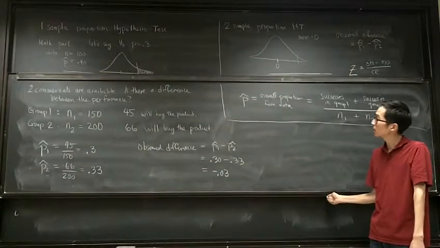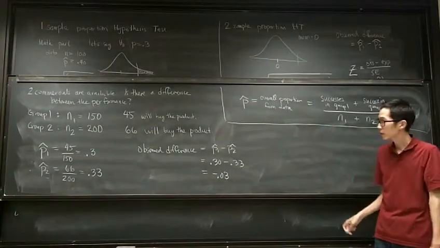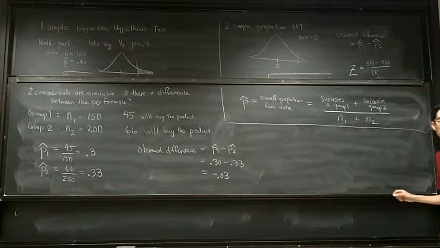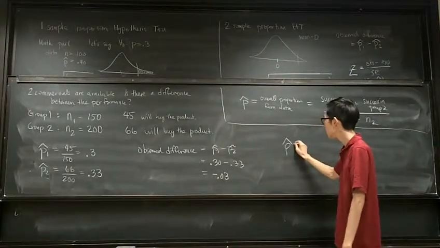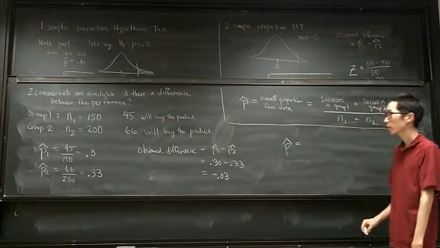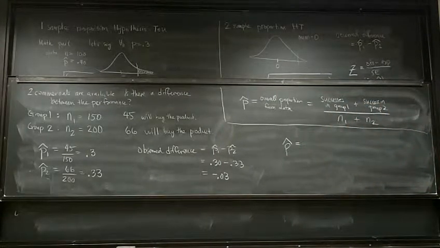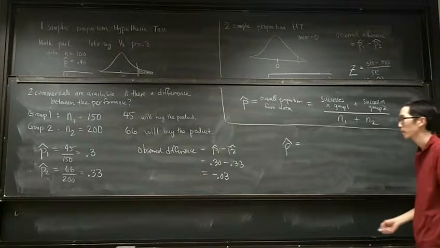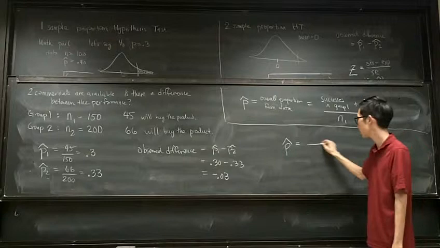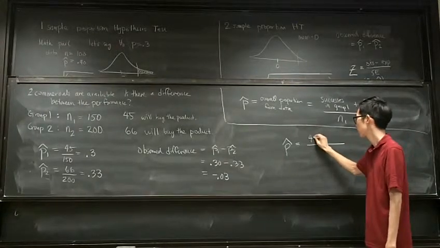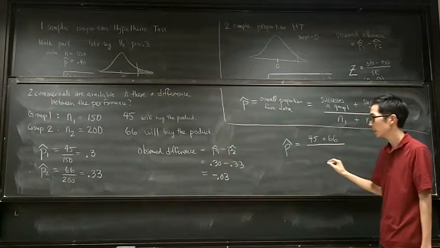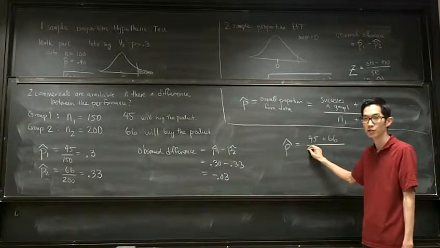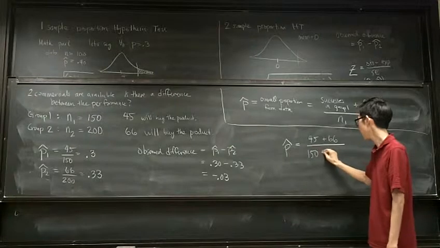Well, let's do our math. Okay? So part of this, I've got to figure out my P hat. So the P hat is the overall proportion, and this is overall, what is the proportion of people who like the product? Do we know? Overall, how many people like the product? 45 plus 66. And how many people total saw the commercials? 150 plus 200.